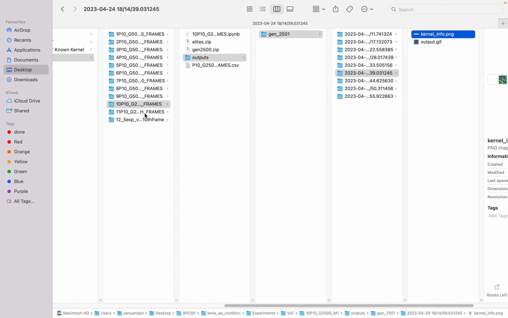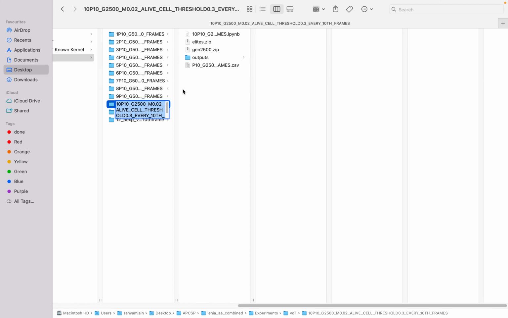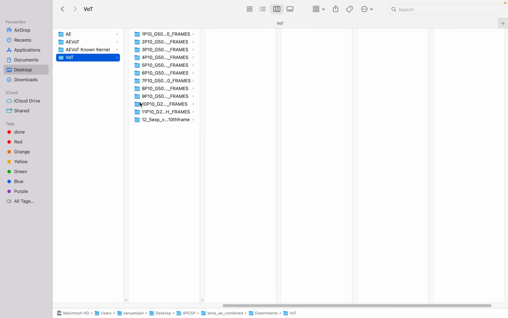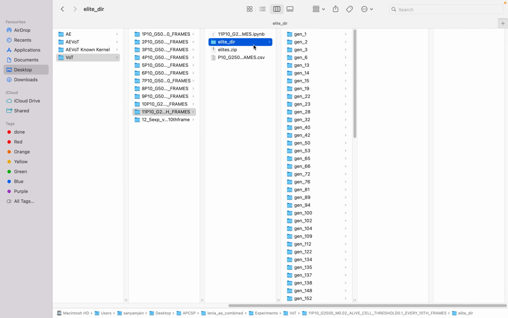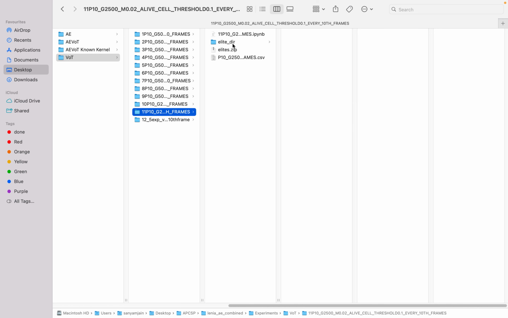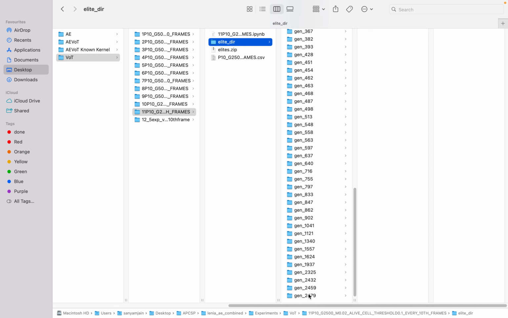So this is experiment 1 for this configuration basically, and this was experiment 2 for the same configuration, as in 0.1 threshold and every 10th frame, and it actually went up to 2479.